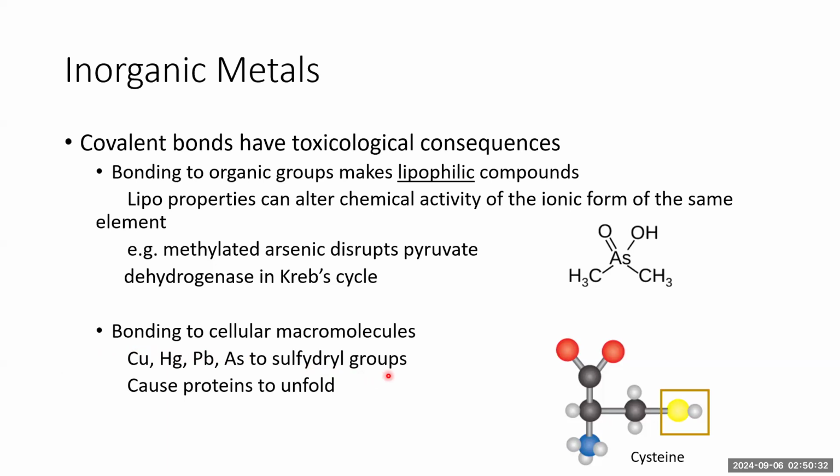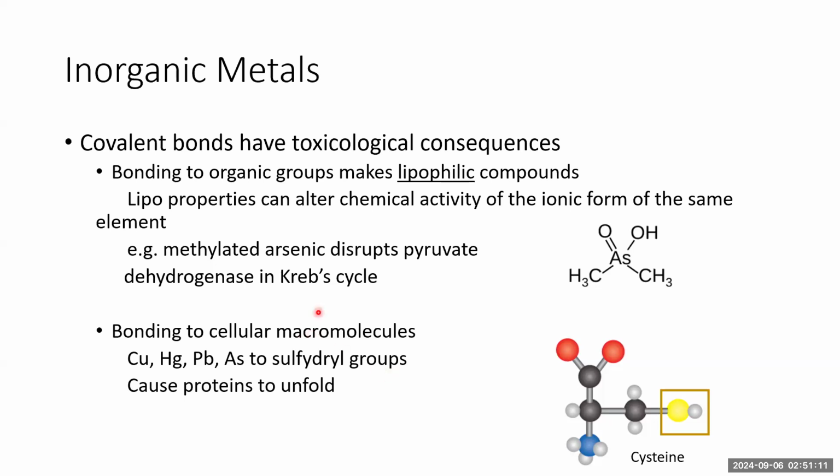So the amino acid cysteine has a sulfhydryl group. If you have a protein that has a lot of cysteine in it, this protein is going to be particularly susceptible to these metals. If you have other enzymes and other compounds that have some sulfhydryl group as a part of them outside of cysteine, these are also susceptible to lots of different metals. These metals will either bind to the sulfhydryl group and make a big kink in the protein, or they will remove that sulfhydryl group and remove some hydrogen bonding that was keeping that protein in a conformational shape.